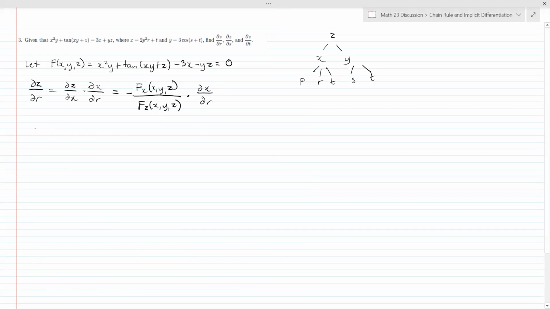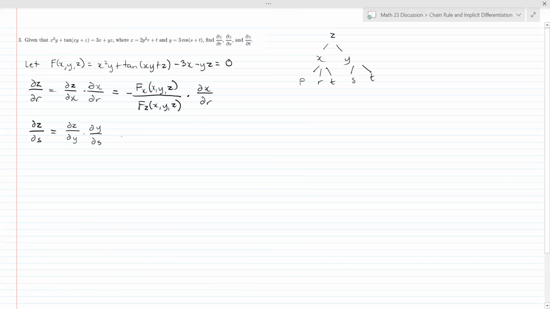How about partial ng z with respect to s? Partial ng z with respect to s, same logic, same argument. Kunin natin partial ng z through y. Okay? Ayan.